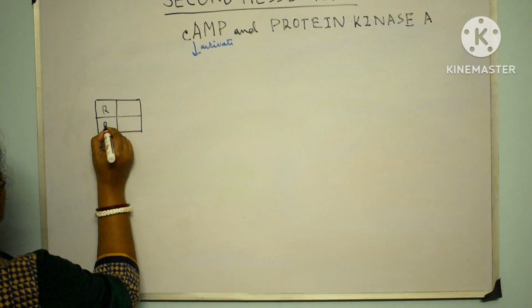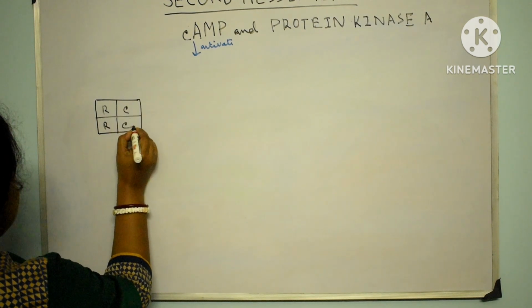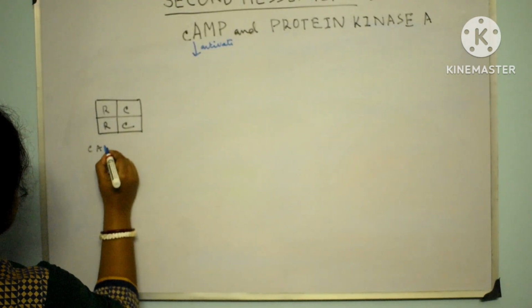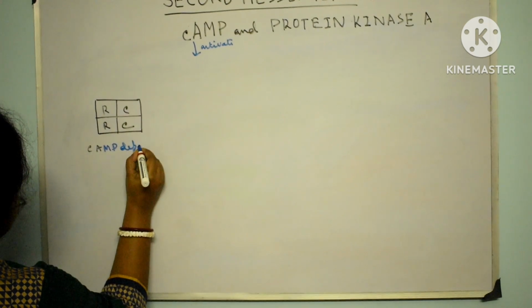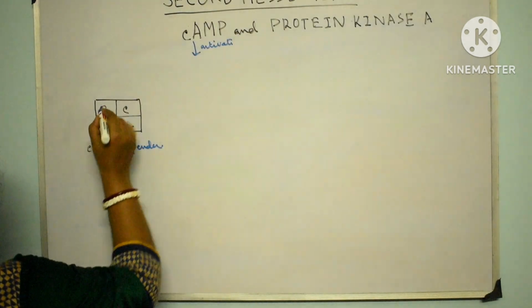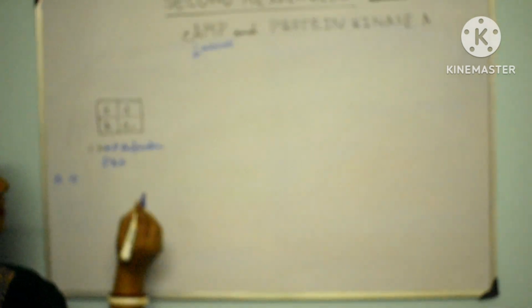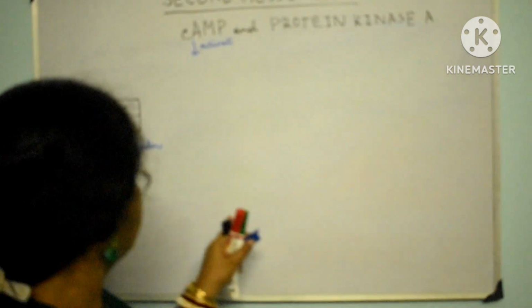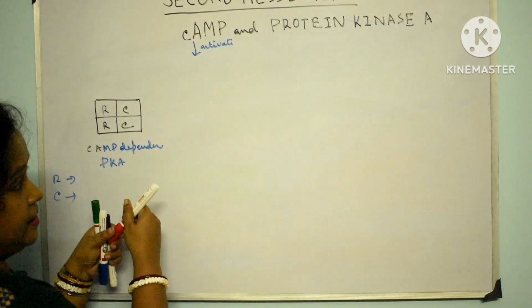R is for the regulatory subunit and C is for the catalytic subunit of this cAMP dependent protein kinase A. This is its inactive state.